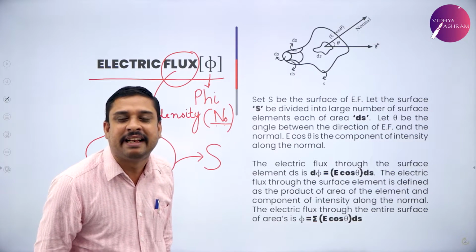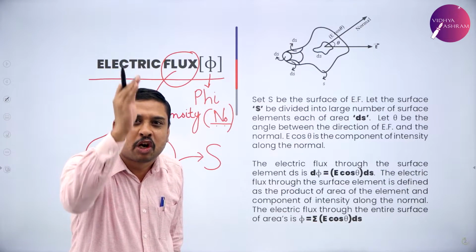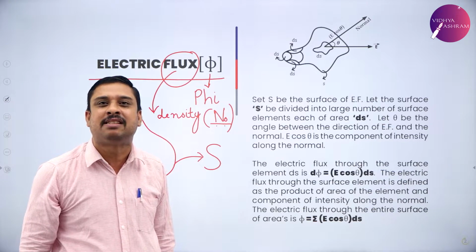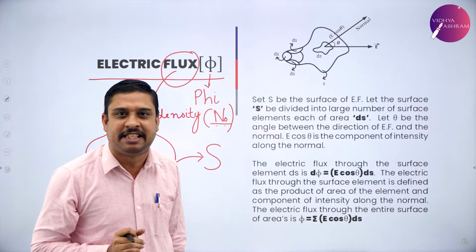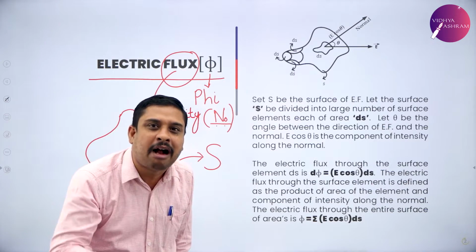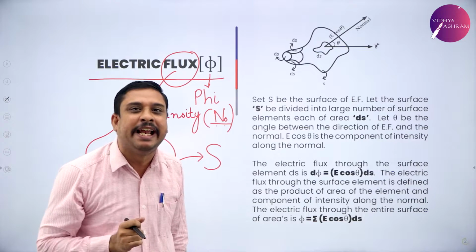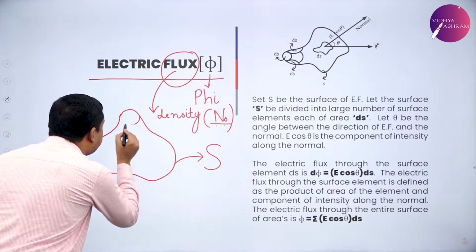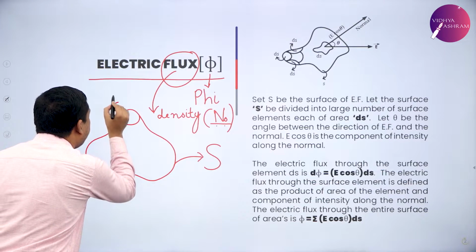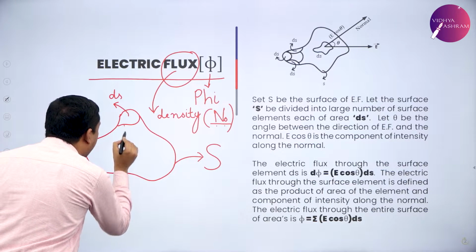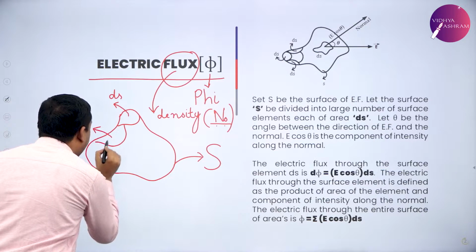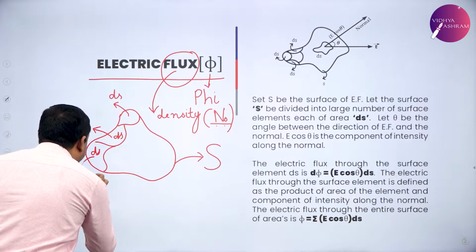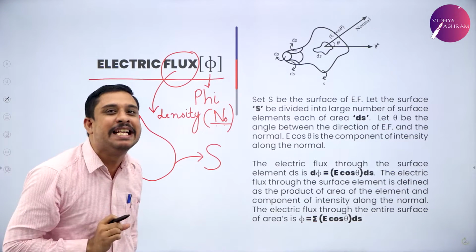Now what I will do is resolve the entire surface into smaller regions. I will cut the electric field into smaller parts, where each part has an area which I call ds. So ds refers to smaller regions.